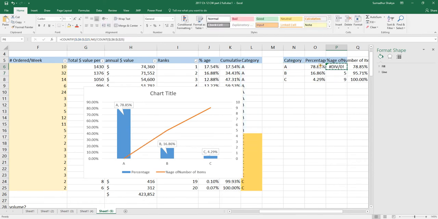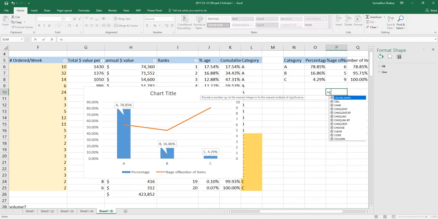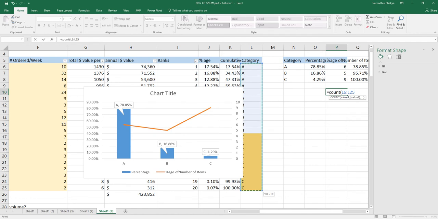Oops. Let me try it out here. Count, no, it's not going to count. So it's looking for the numbers. So let me give it the numbers.